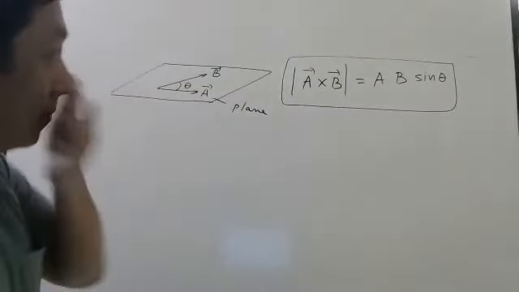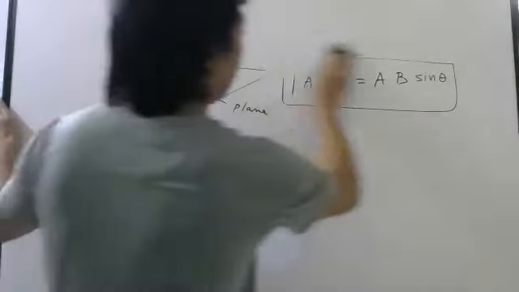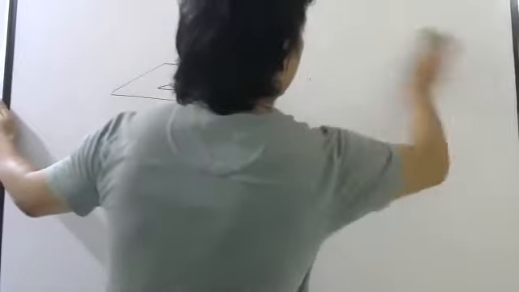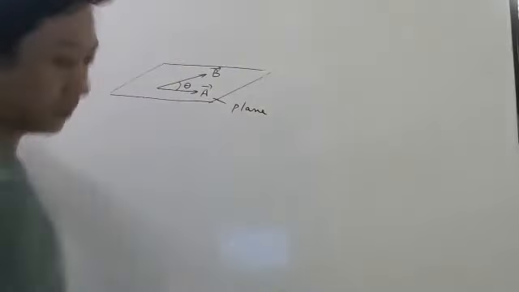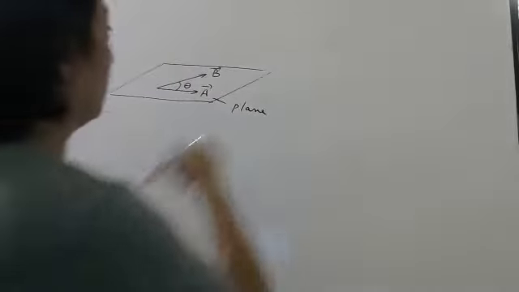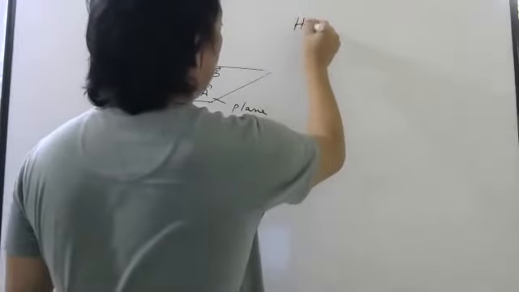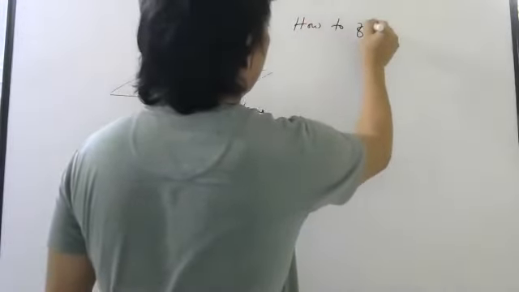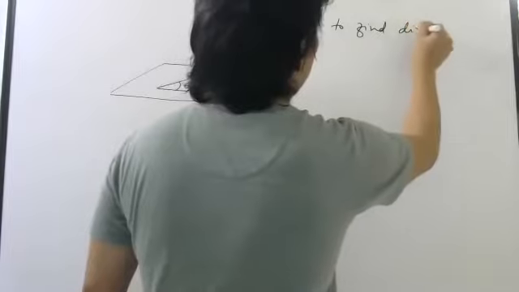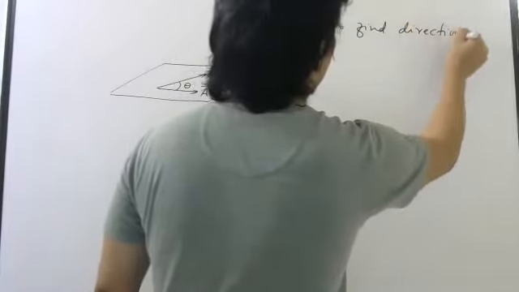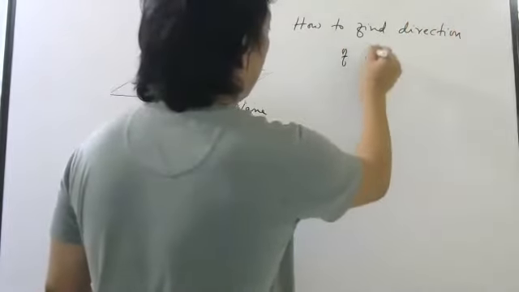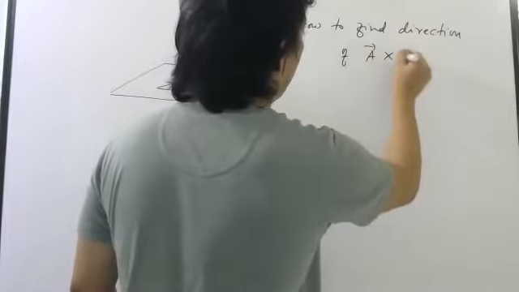Write down quickly. Now, we have to learn quickly how to find the direction of A bar cross B bar.